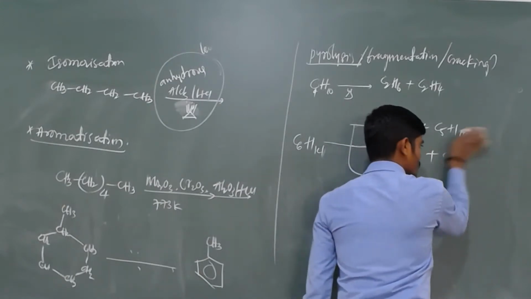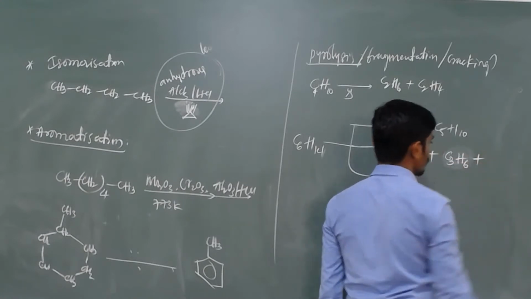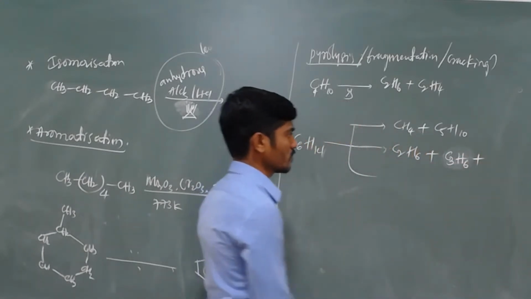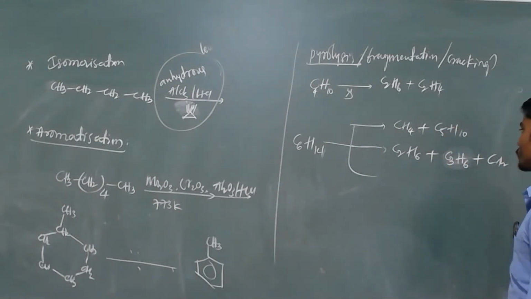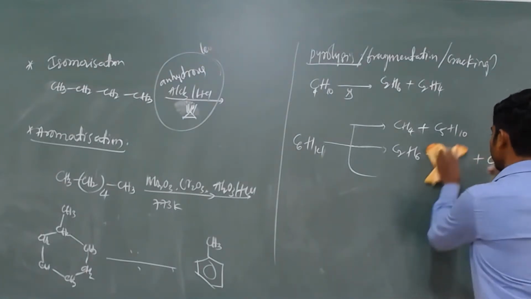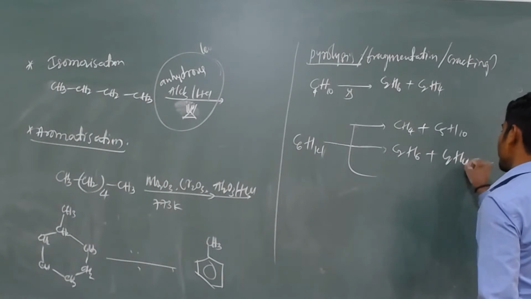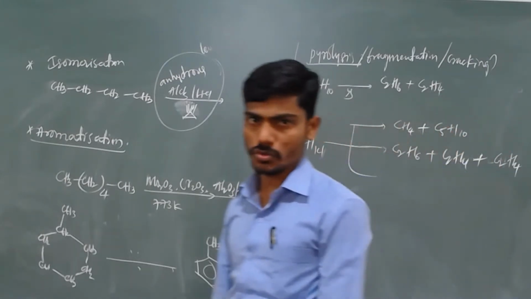C4H8, or C3H6, or C2H4 plus C2H4. So different smaller molecules are produced.